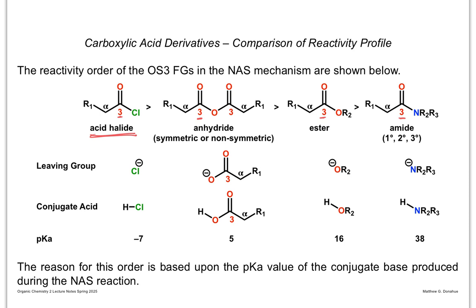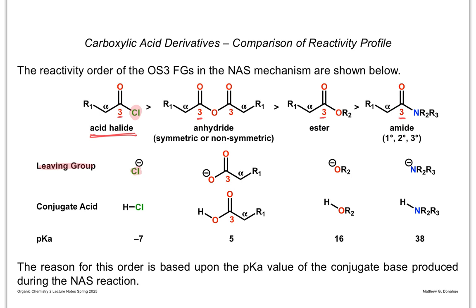The reason for that is when we do the substitution, that part again is getting substituted. When it becomes the leaving group, we see now it's Cl minus.